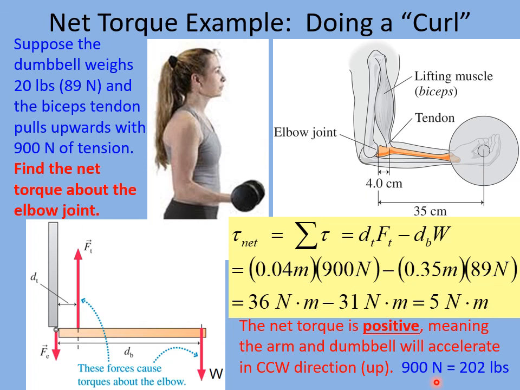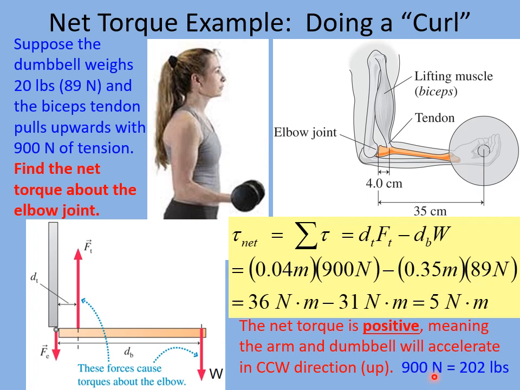By the way, it's interesting to see here from a physiology standpoint what's required to lift a light weight. Like, 20 pounds is not that heavy. Any of you could do that quite easily. But in order to lift that, you have to generate a lot more tension than 20 pounds in this muscle and in the tendon because of the leverage involved here.